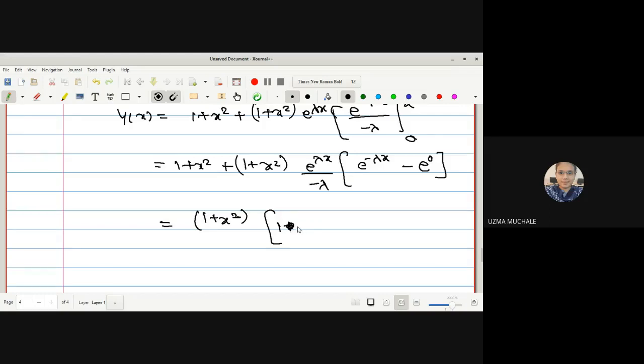So this plus, okay, let me put it as plus itself, minus lambda minus, this minus I can merge here. It will be minus and plus. So this is minus e raised to 0, e raised to lambda x divided by lambda. Okay, so in this way we get the solution.